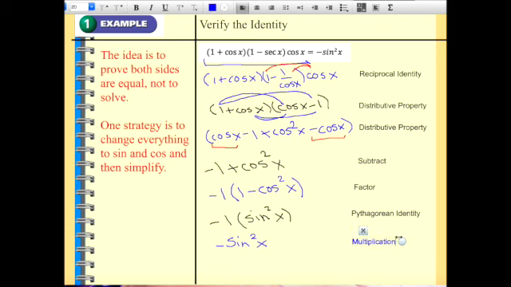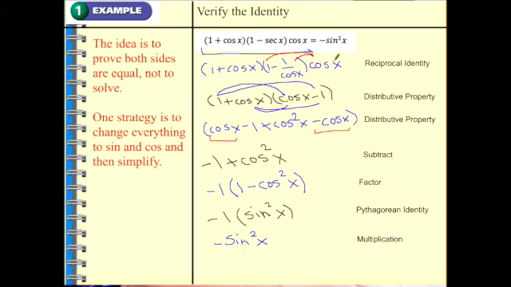Oh, that's in blue. Interesting. Once you've finished, and you'll know you're finished because your simplified result matches what's on the other side of the equal sign, you're going to end your proof. The way you end your proof is one of two ways. Either you write QED, which is Latin, stands for quod erat demonstrandum, which means that which we were trying to prove.